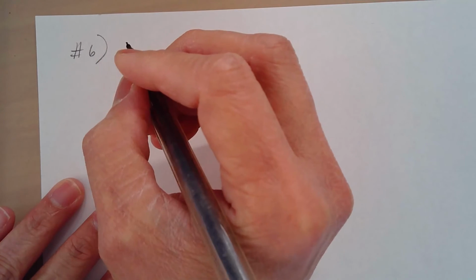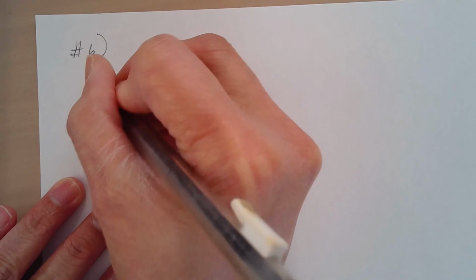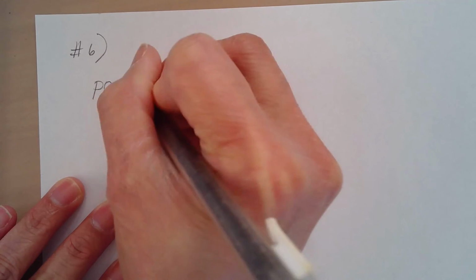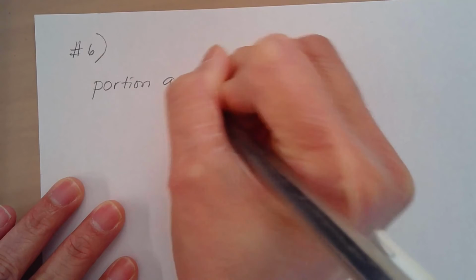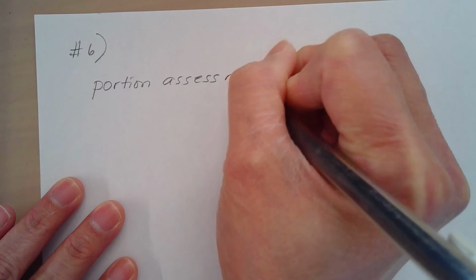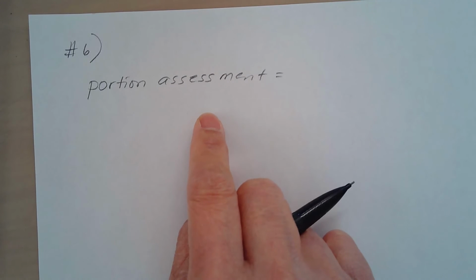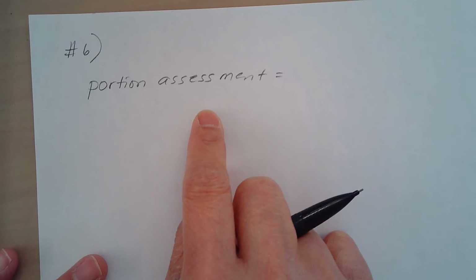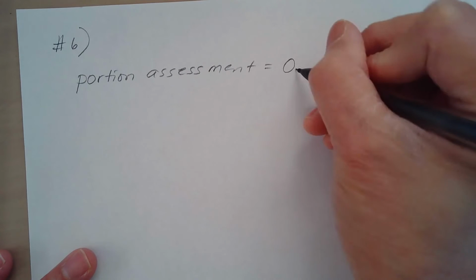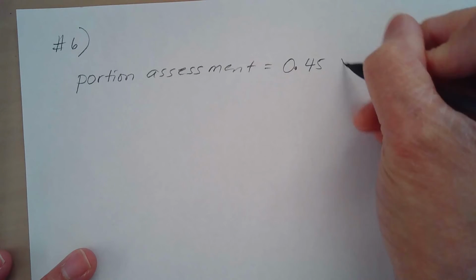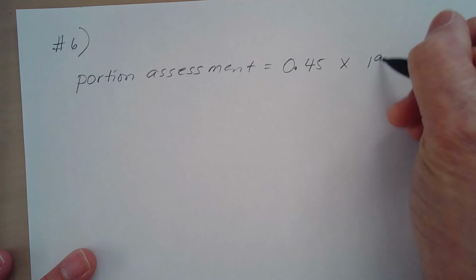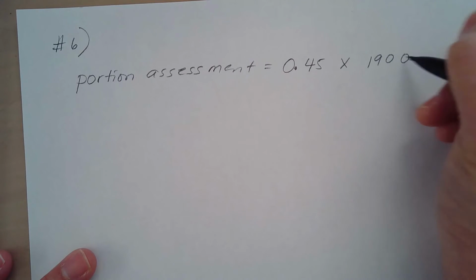So this is number 6. They gave us an assessed value. First, we need to do the portion assessment. They said it's 45%. So it's going to be 0.45 times assessed value, 190,000.